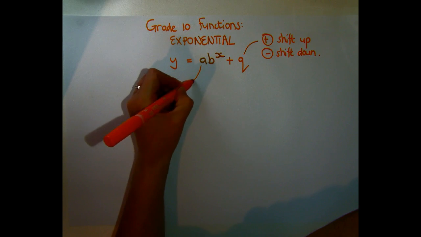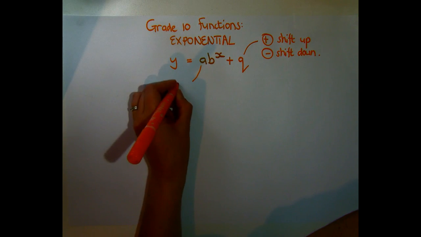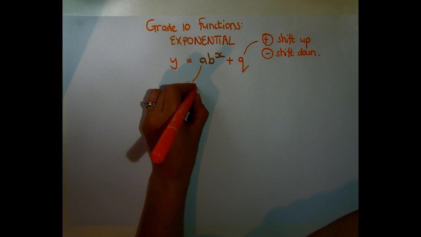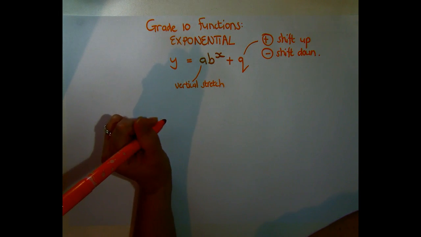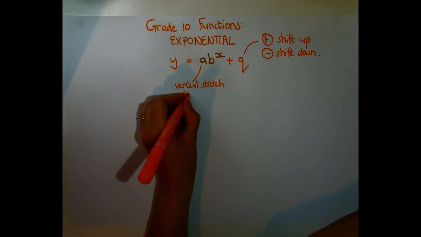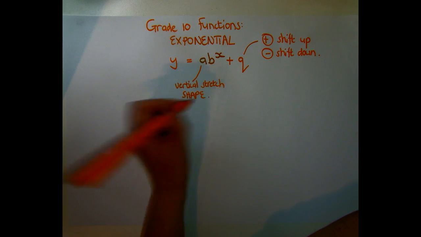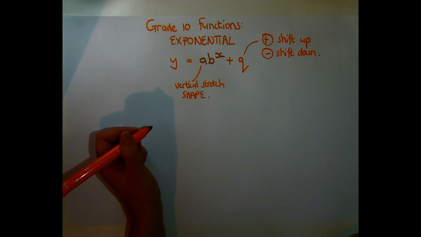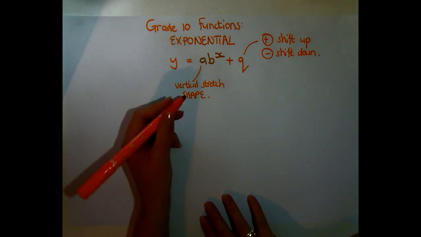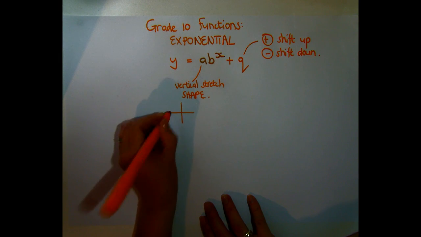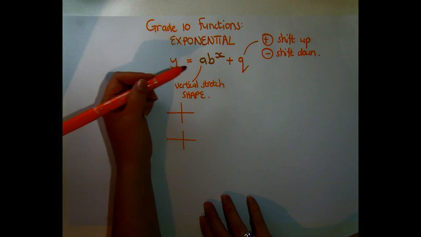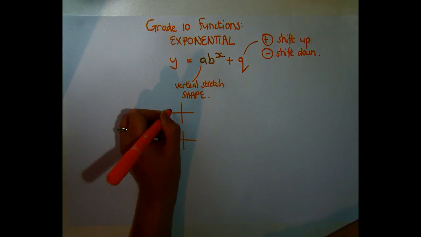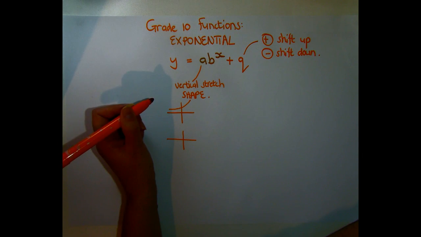The a value is going to tell us the vertical stretch, and it's also going to tell us the shape, just like the hyperbola. So this is what exponential graphs look like. When you have a positive a value, then you're going to get a graph that will point upwards.